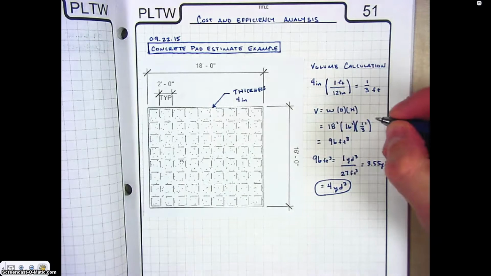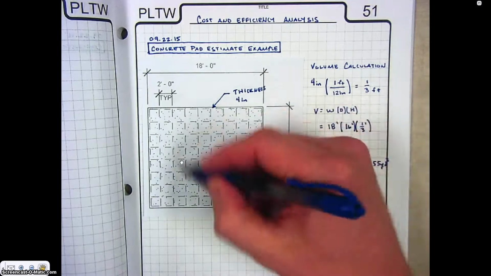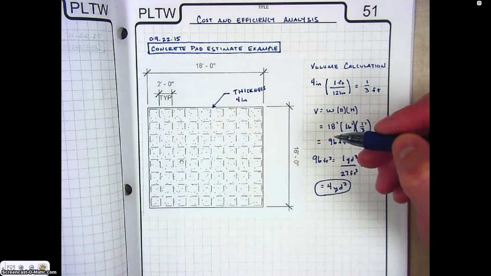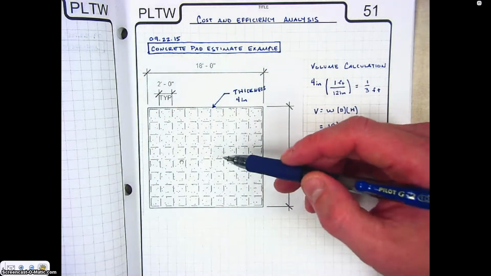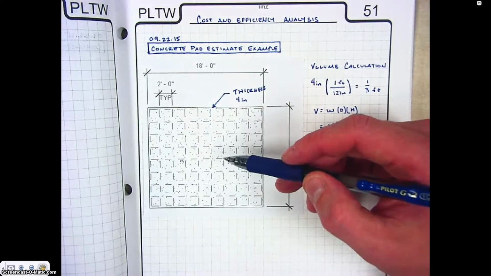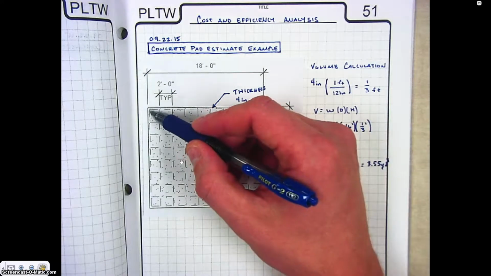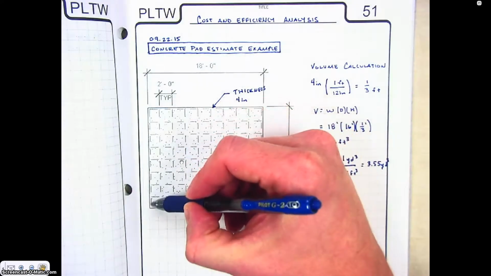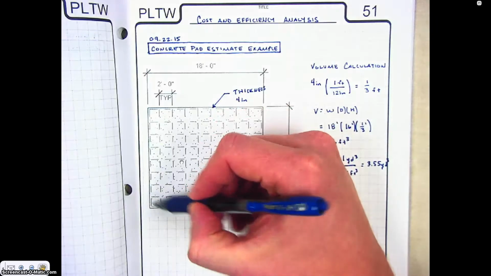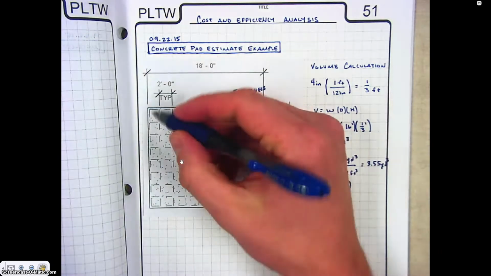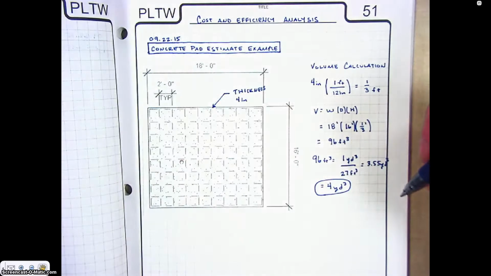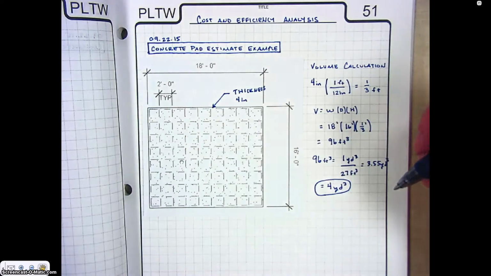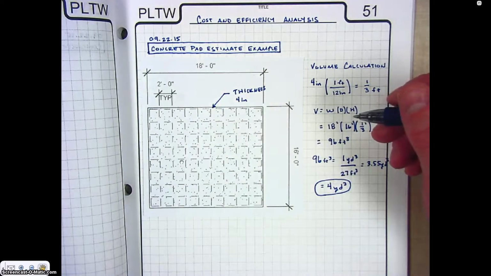Rebar is typically sold in 10-foot bars, and so we have to figure out where we're going to place those 10-foot bars inside of our system on the pad here. It should be placed about 3 inches away from the edge, so it isn't going to be sticking out of the end of our material, and that's what this line right here is for. And then any time that we overlap rebar, it should overlap 6 inches.